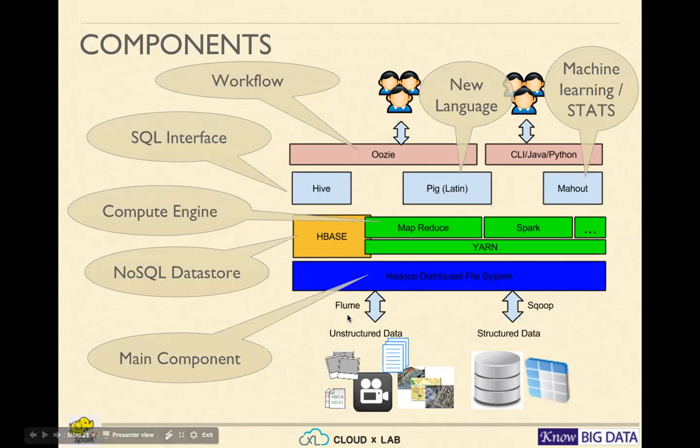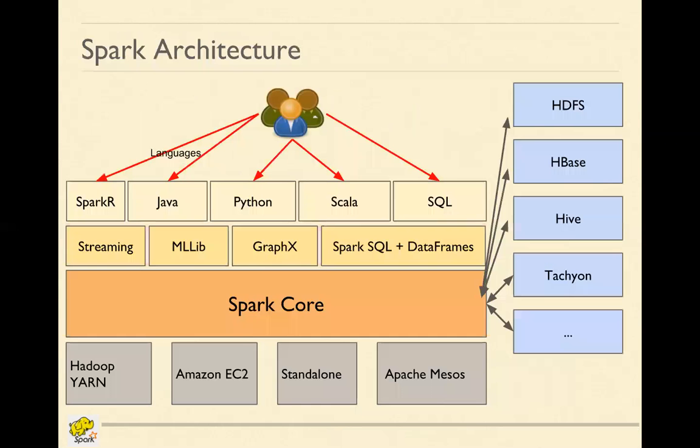Flume helps you push data continuously into HDFS, and Sqoop helps you push data from structured data sources such as an existing database. So these are the tools, plus there are a couple more tools in Hadoop that we are going to discuss in this course.